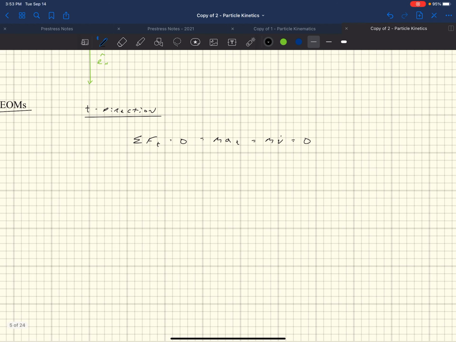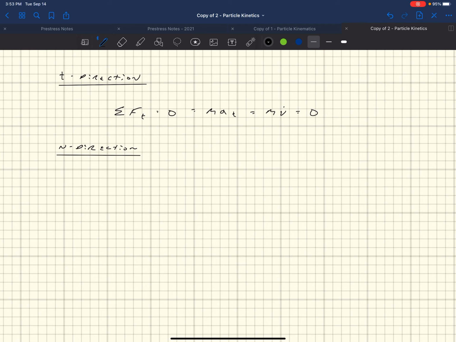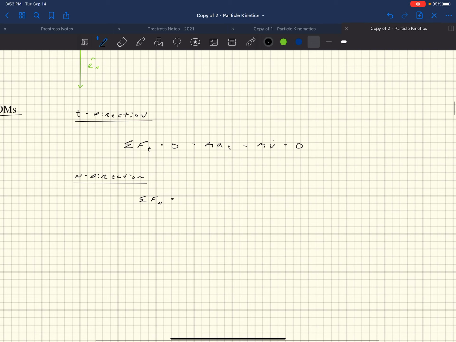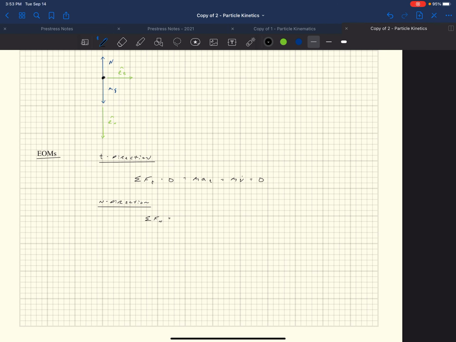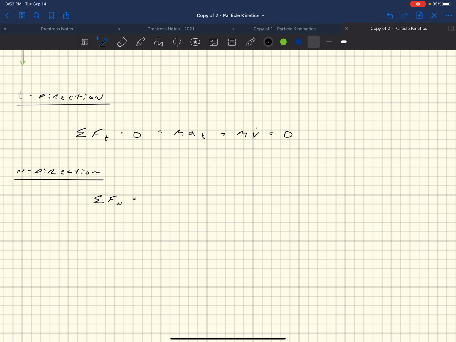Okay, in the t direction there was nothing, but there's a little more interesting stuff happening in the n direction. In the n direction, we look at all the forces. We've got N going up, which is in the negative e_n direction.